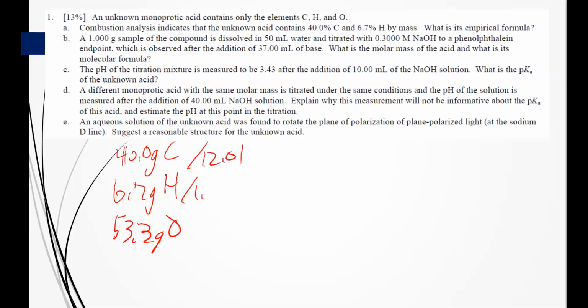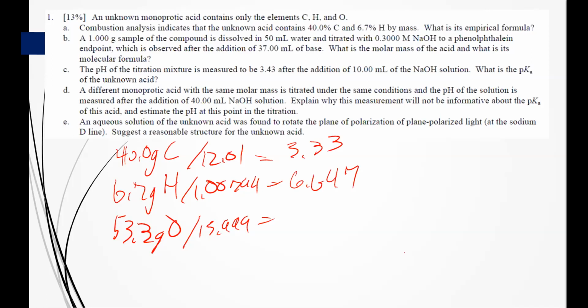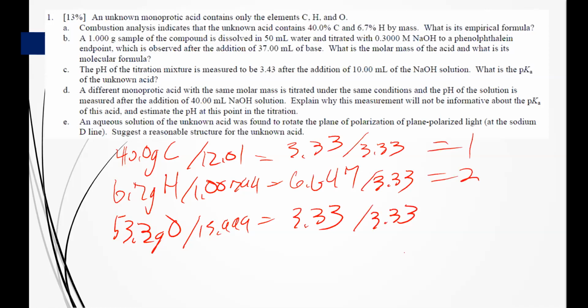Now I'm going to divide them by their molar masses, because that gives me my moles. When we divide each of these by 3.33, we get a 1, a 2, and a 1. So our empirical formula is CH2O. All right.